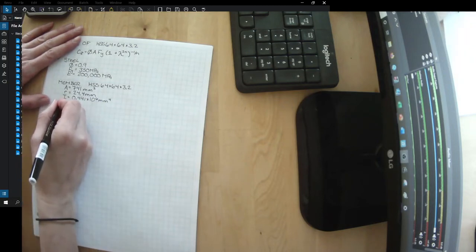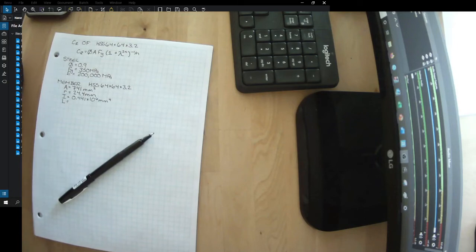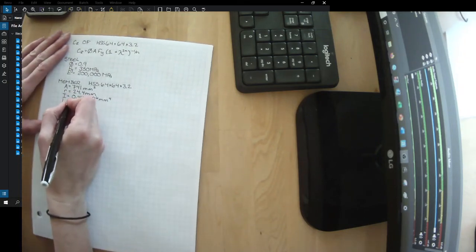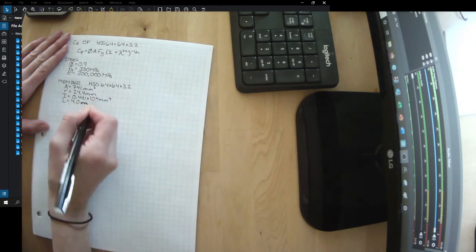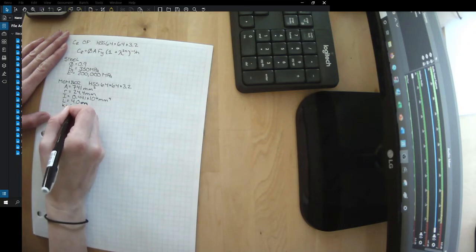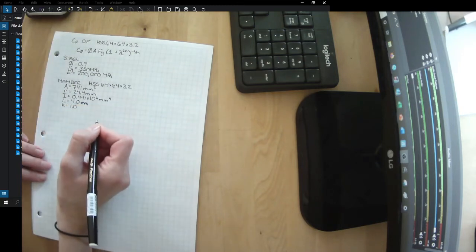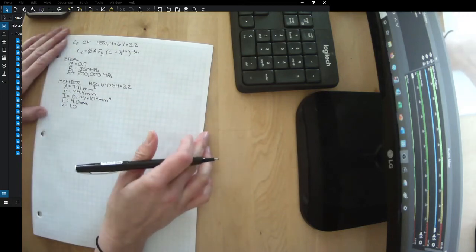Now, length. They told us in the question that this canopy was 4 meters tall. So, it looks like our length is 4 meters, and K is 1, because I've told you that all the columns we're going to do are going to have an effective length factor of 1.